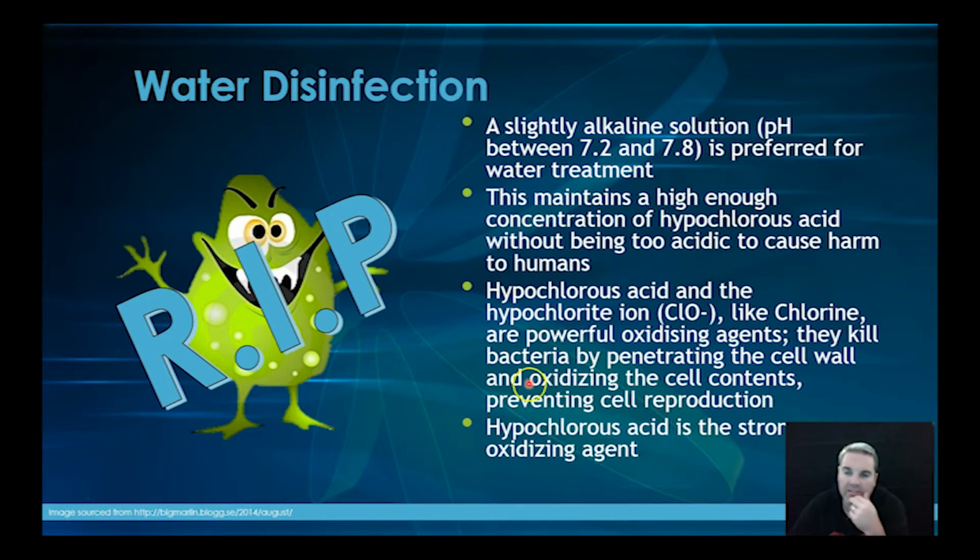This is one thing you might want to remember: they kill bacteria by penetrating the cell wall and oxidizing the cell contents, preventing cell reproduction. Hypochlorous acid is a stronger oxidizing agent than the hypochlorite ion or chlorine gas, so hypochlorous acid is really what we want to use. Alright, that's the end of this part for water.